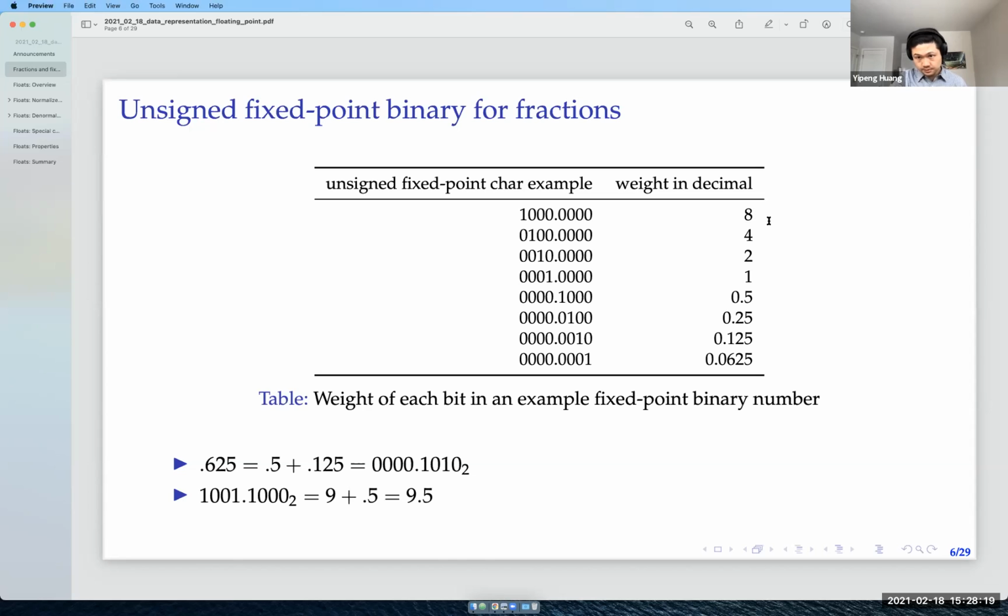To convert from decimal, base 10 representation, to base 2 representation, you would work through each of the digits one by one, and you get a representation like this. So this is basically an extension of integer representations. We can add a decimal point to turn it into a fixed point binary number.